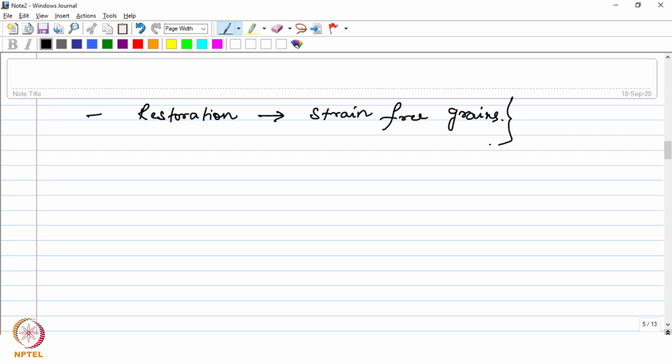Okay. So there are different models which are proposed to explain how exactly the strain-free grains form. Each of these models considers a particular mechanism through which the first nucleus of the strain-free grain will form. For example, one of the mechanisms says it is through polygonization.